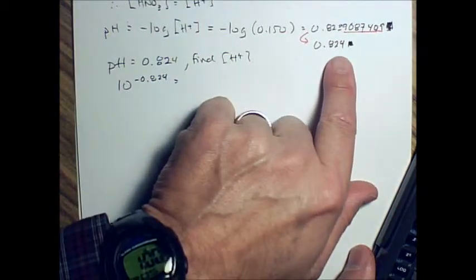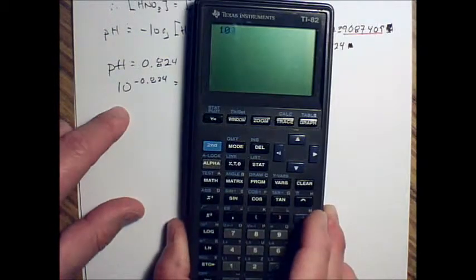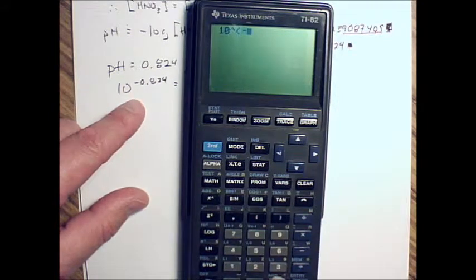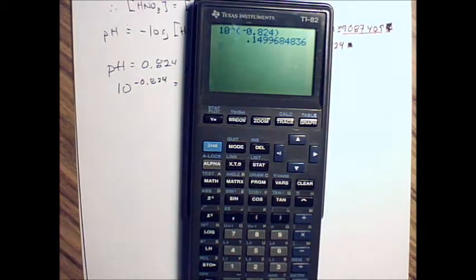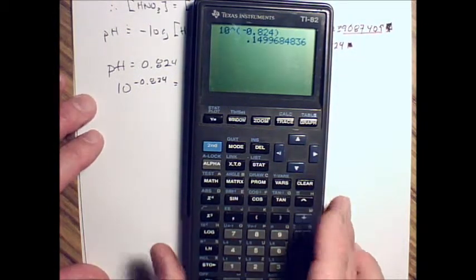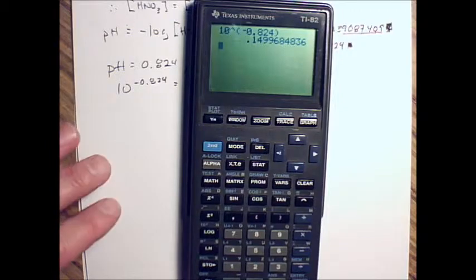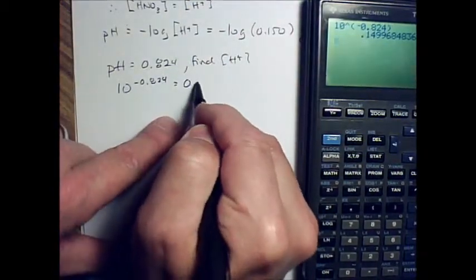There's no exponent on this number. And when you round that off, you get 0.150 again, don't you?